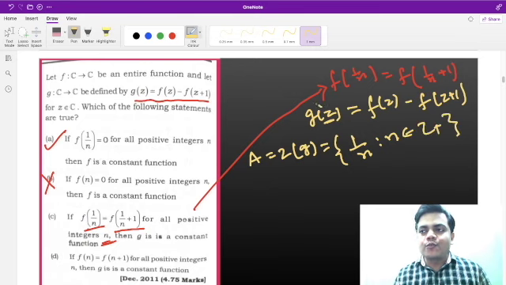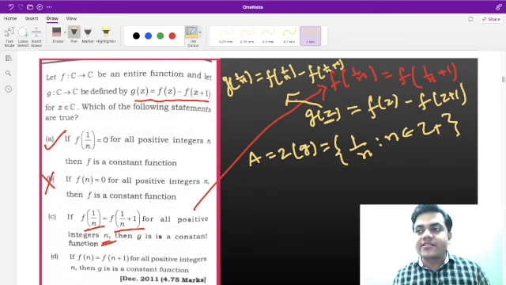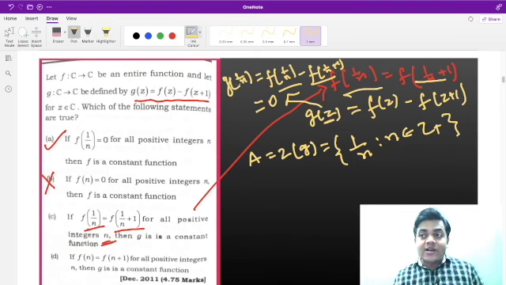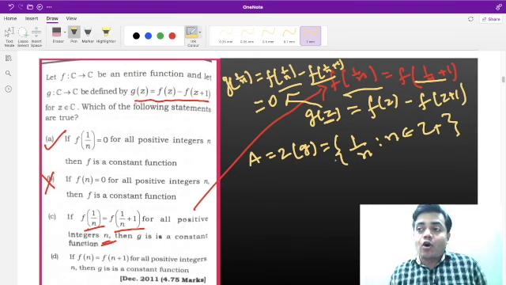Why? Because if you take G of 1 by n, then it will become F of 1 by n minus F of 1 by n plus 1. And in this case, these two are equal. So finally, this minus this will become 0. So this 1 by n is making all your G 0.